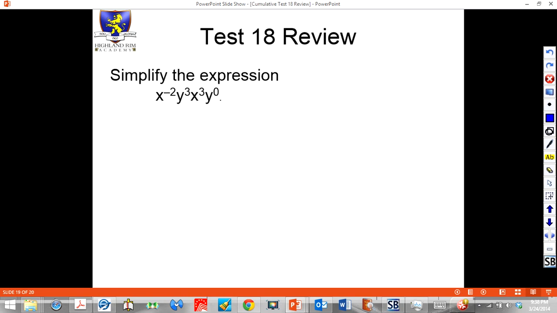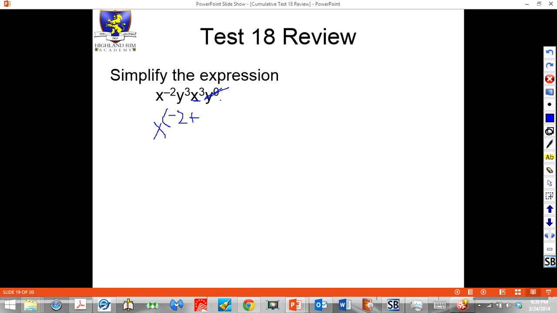All right, we're almost done here. And now it says simplify the expression x to the negative 2, y cubed, times x cubed, y to the 0. So, y to the 0 is 1. So we can just eliminate that. We don't have to even worry about that. So we have x to the negative 2, and then we have x cubed over here.